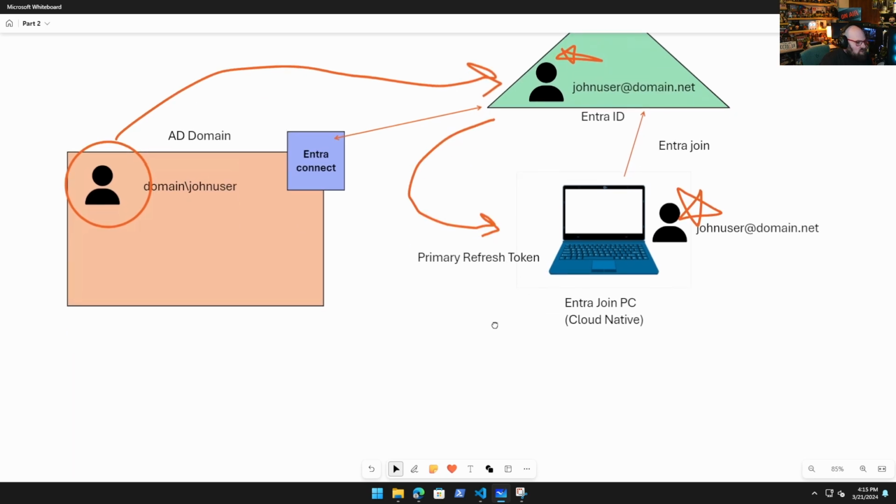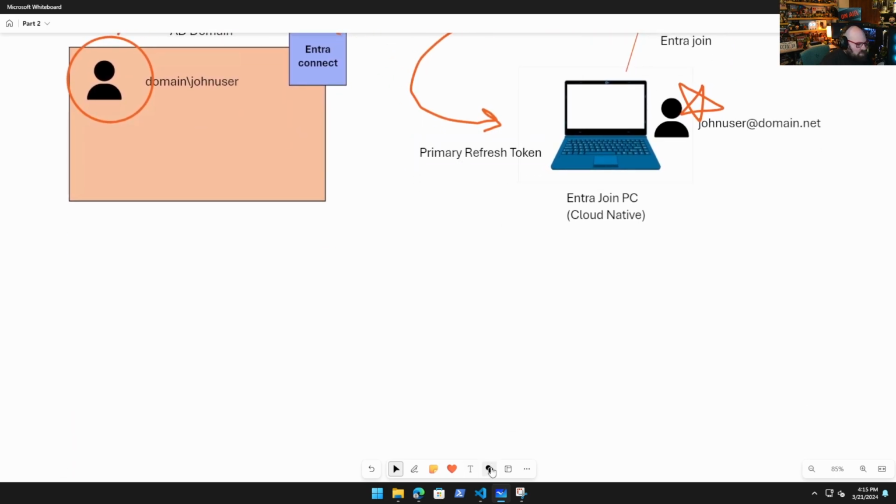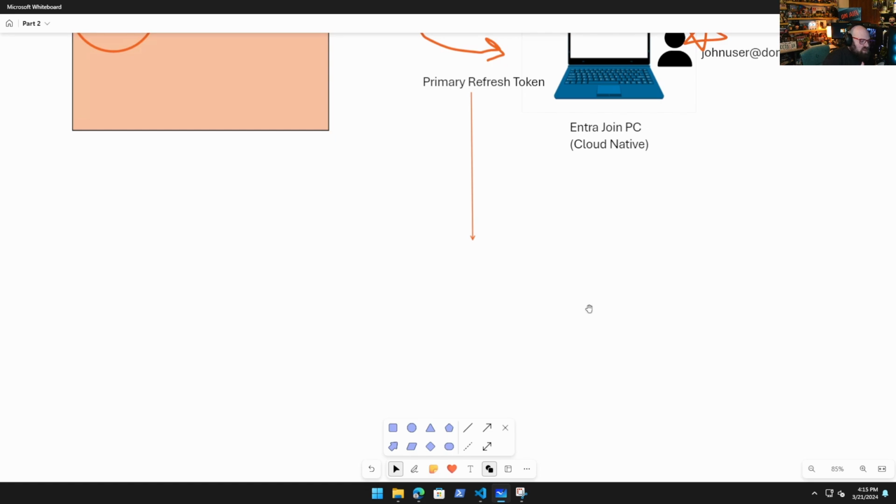All right, who cares about the primary refresh token? What does it do? Let's talk about what's inside of it. You've probably seen this if you've ever run the dsreg command status on a hybrid or Entra join device.